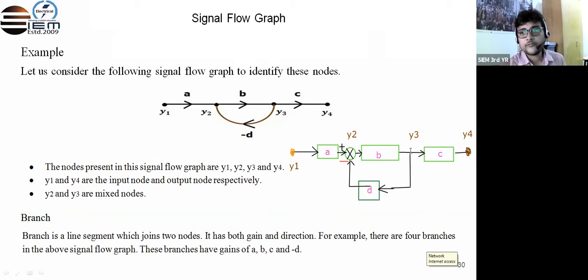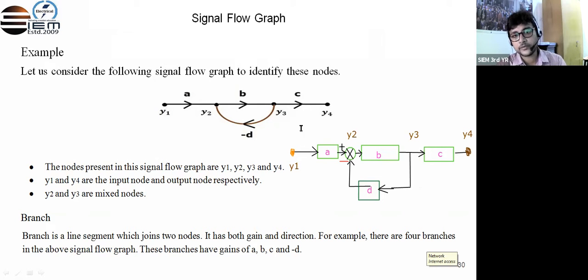And from y3 to y4 there is a function called c, so we are putting the value c, with the direction from left to right. And you see the function d is from y3 to y2, so from right to left.